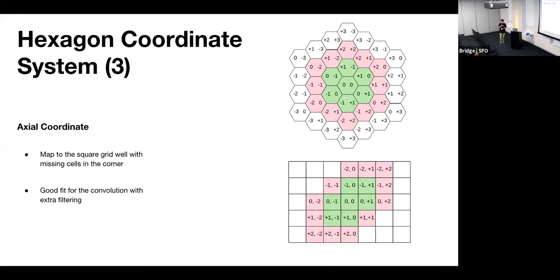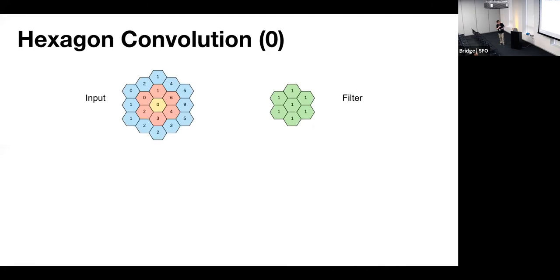Next, let me talk about how we can use this system to do Hexagon convolution. Assume we have this input data, basically a big input Hexagon data. We also define our own small filter, right? The first step is that we use the axial coordinate to represent each Hexagon.